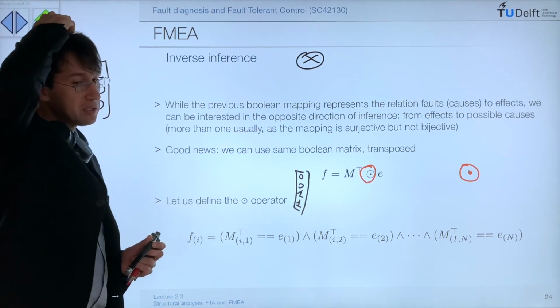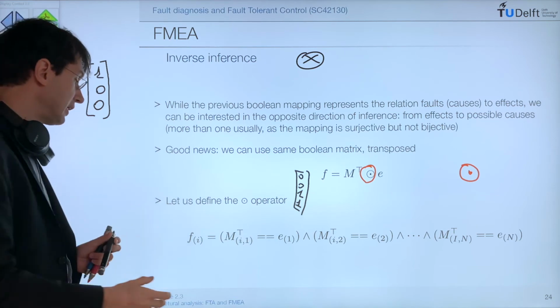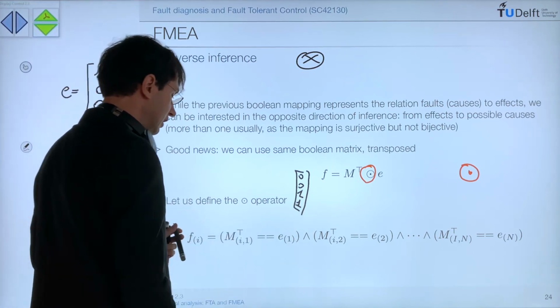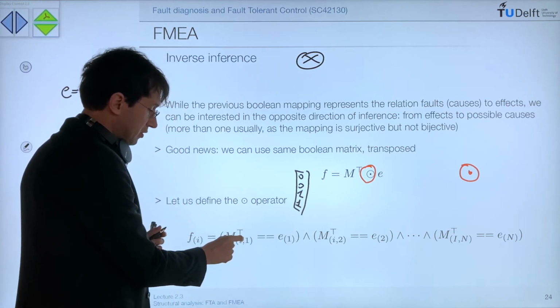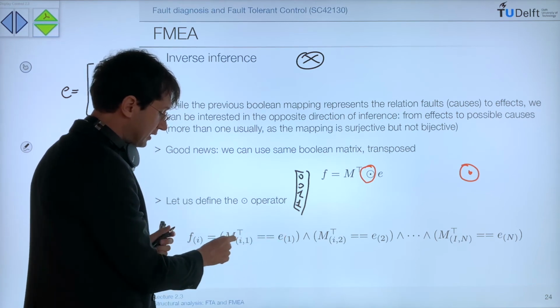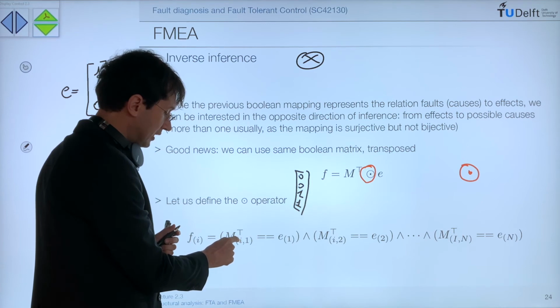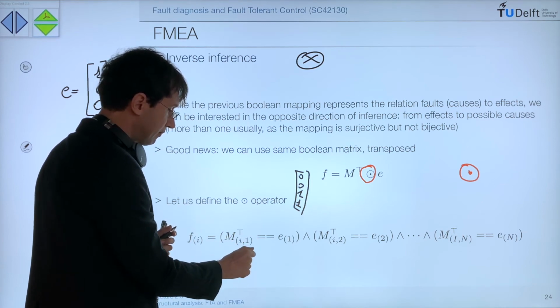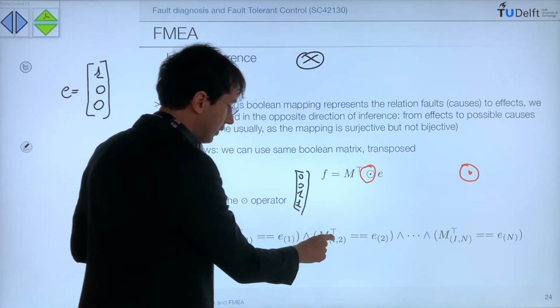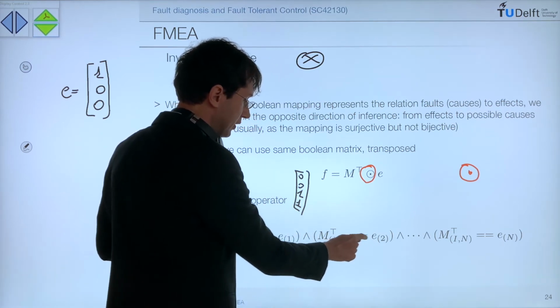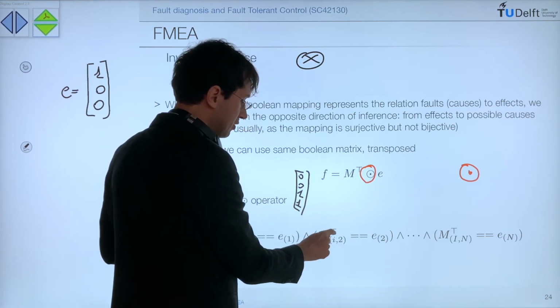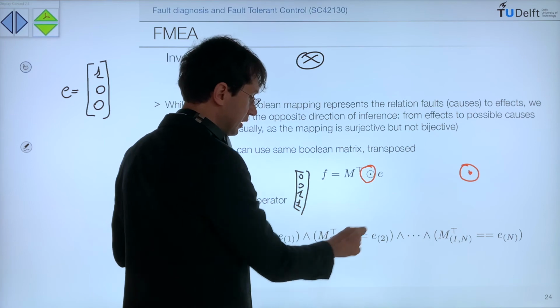And the way that this dot product operator is defined is here. You do a comparison between the value of the effect E1 and the value of the M transpose component i and 1. And then you take the AND with similarly a comparison between E2 and M transpose component i and 2, and so on.